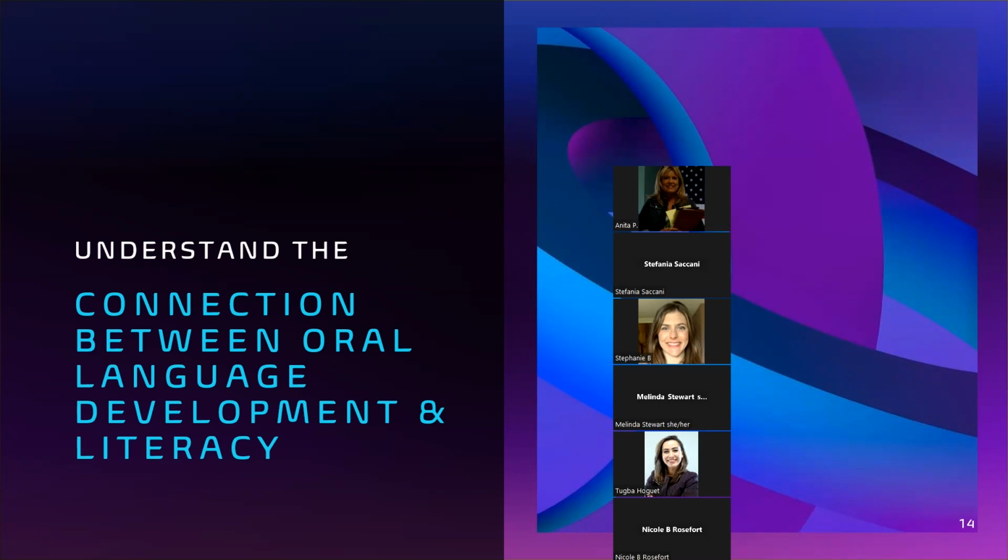The connection between oral language development and literacy development is very well documented. Even in the world of poverty, research around students of poverty, that oral language development is a key factor.